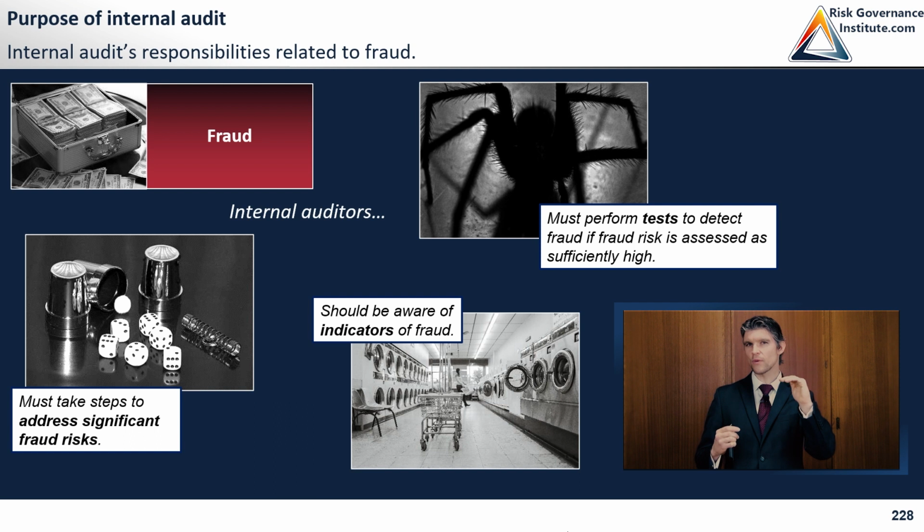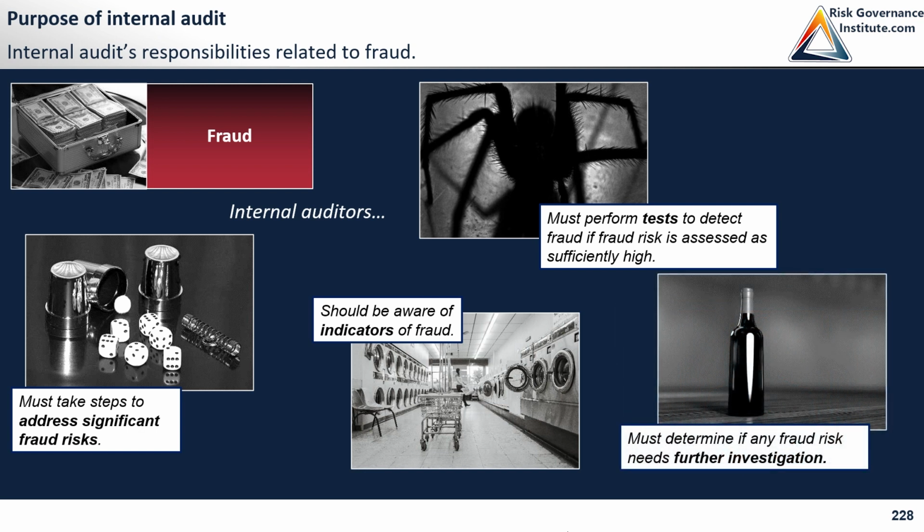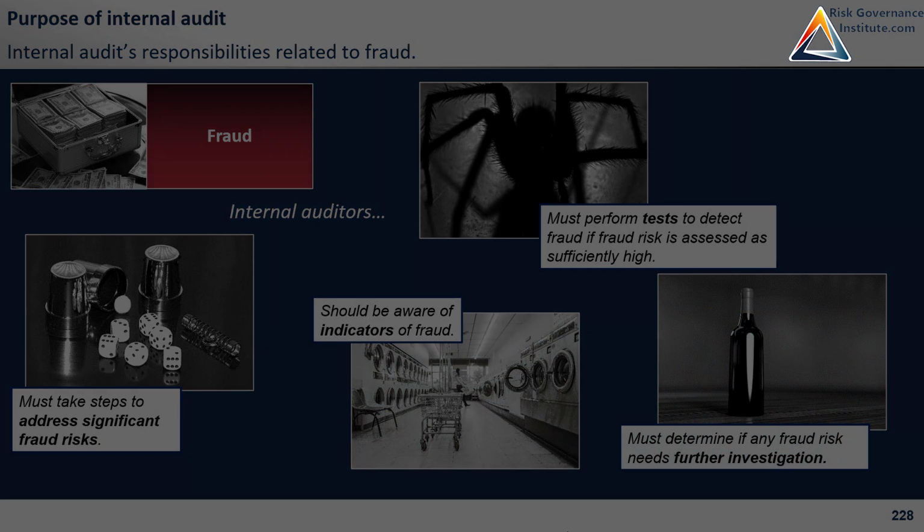Usually, I break it down to different scenarios where I think there could be fraud. And from that, I determine if there is a sufficient fraud level in the activity under review to warrant extra tests. We must determine if any fraud risk needs further investigation.